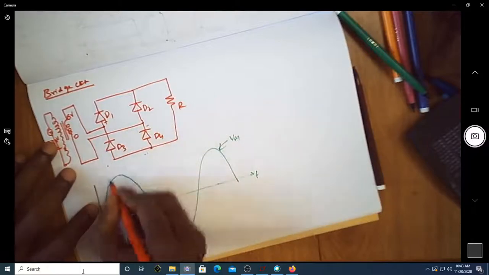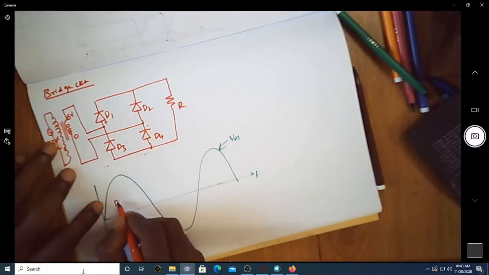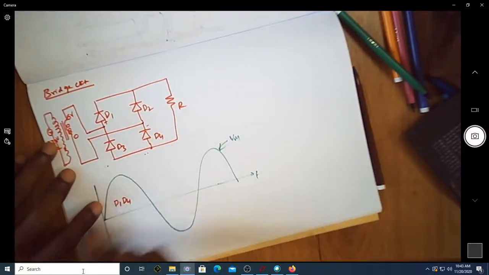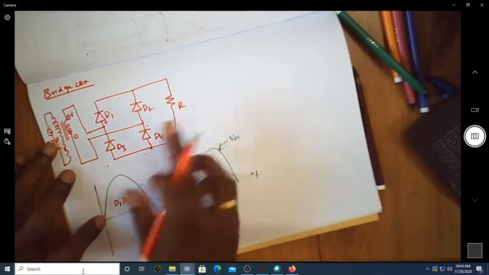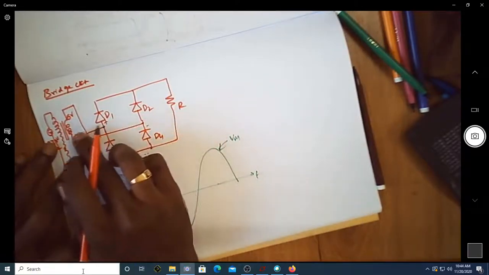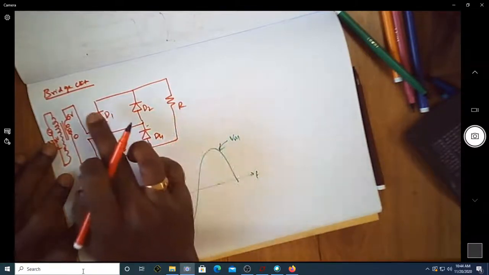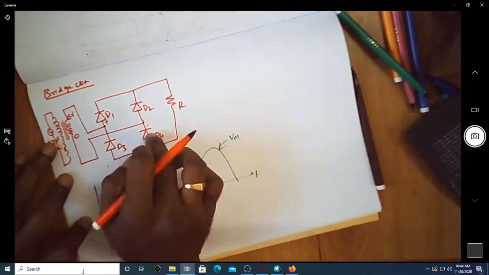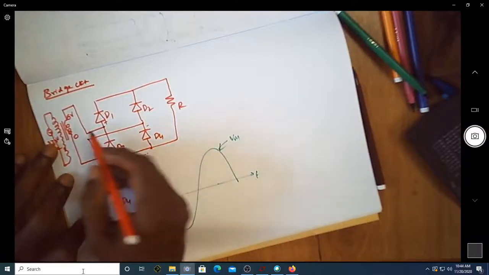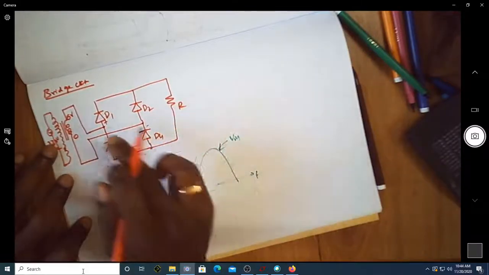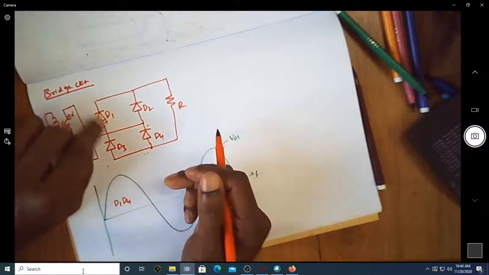During the positive half cycle only D1 and D4 will conduct. They will conduct only when the input voltage crosses the cut-in voltage of this and this, meaning unless the input voltage is twice the VD on, because it has to overcome two diodes.